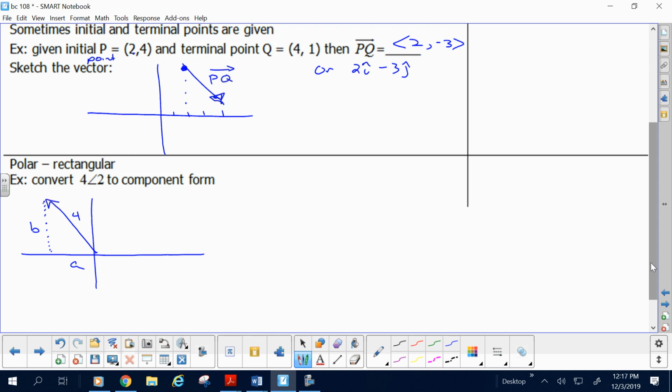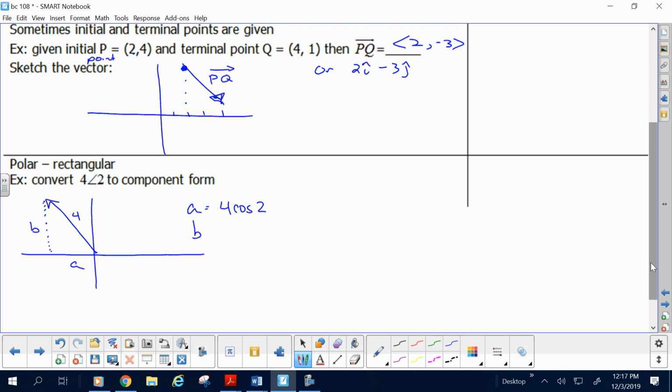Why sine if A is adjacent? Cosine. Okay, so A is 4 cosine of 2. Does the calculator know the appropriate sign to attach? No. It does. 4 cosine of 2 is good to go.